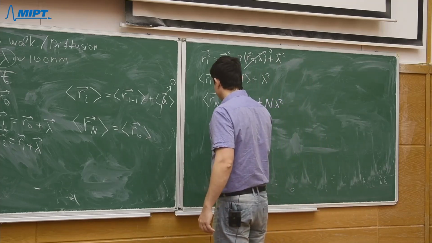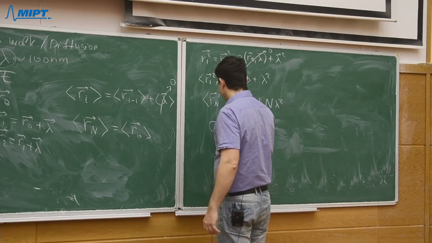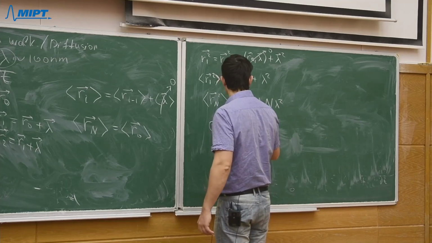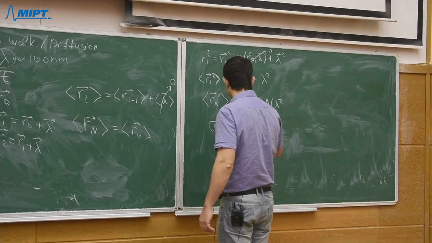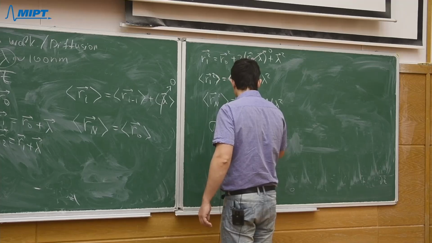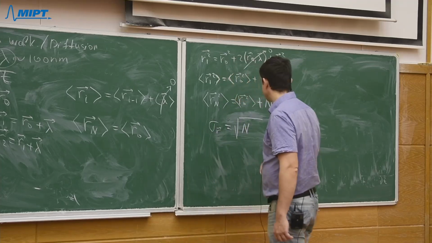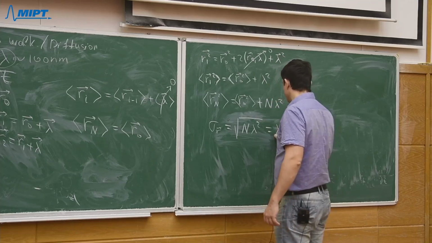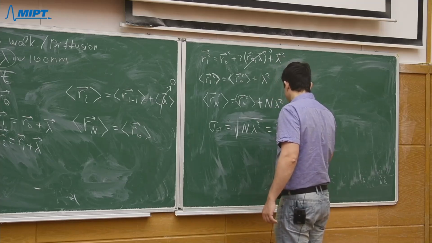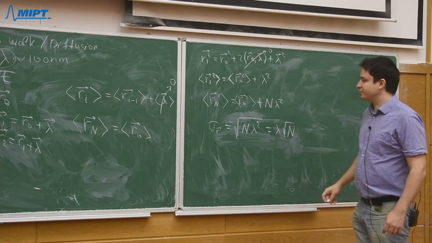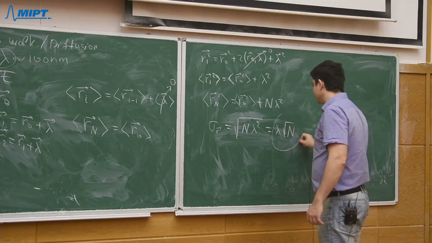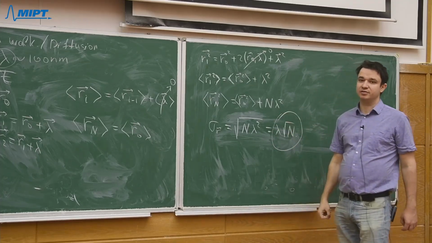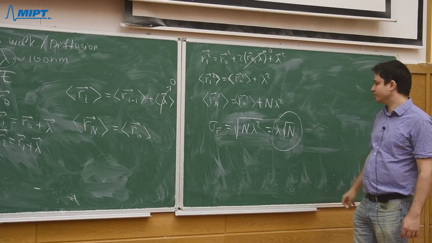the root mean square deviation would be exactly equal to the square root of n, the number of steps, multiplied by lambda squared. So this is lambda times square root of n. And this is one of the main laws which describe random walks, and they also describe the diffusion.